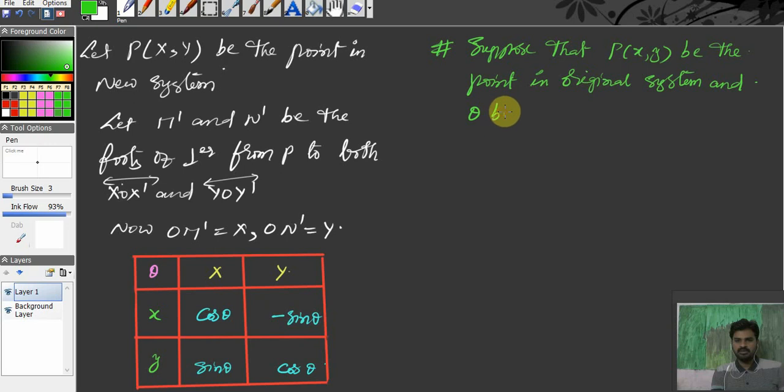Theta is the angle of rotation. So remember that in translation of axes, the shifted origin point will be given. In rotation of axes, there will be an angle of rotation. Now what do we have to find out?